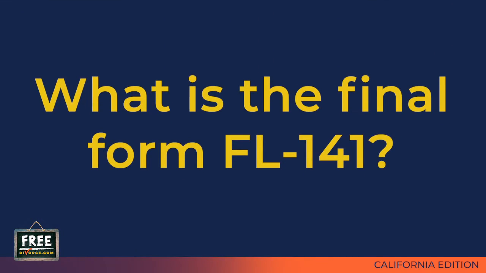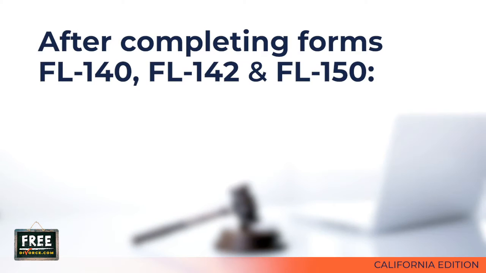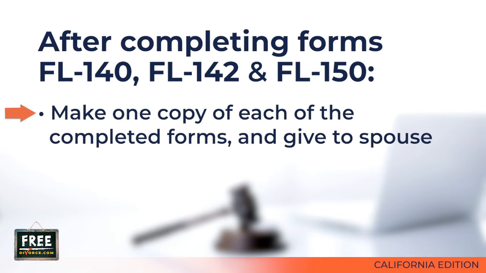All right, and then the final form, the declaration regarding service, the FL-141. What's that form? Well, after you have completed the 3 forms I just discussed, FL-140, 142, and 150, you need to make 1 copy of each of the completed forms and give the copies to your spouse.